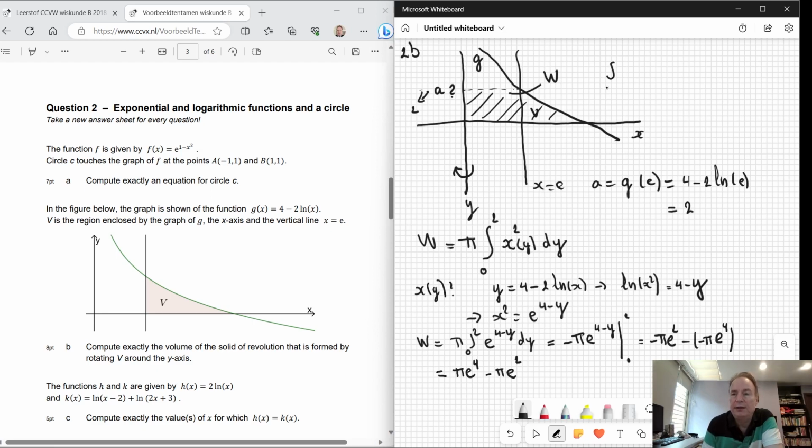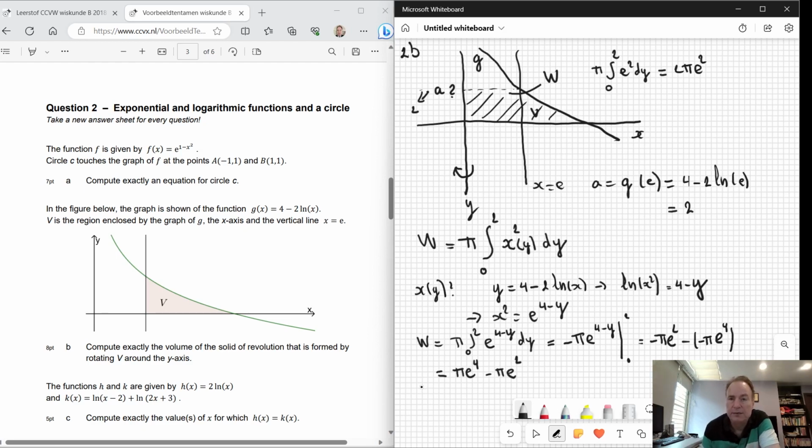So it's basically the integral from 0 to 2, don't forget the pi, of e squared dy, which is simply 2 pi e squared. Or you can just say this is the volume of a cylinder with height 2 and radius e.